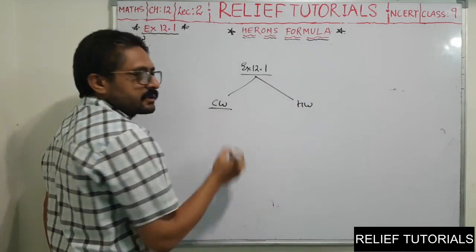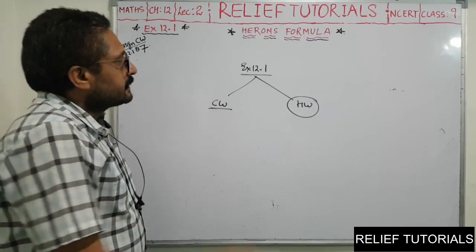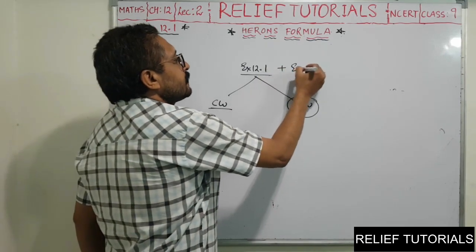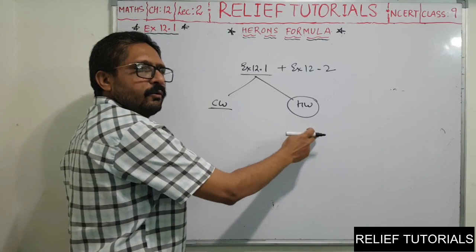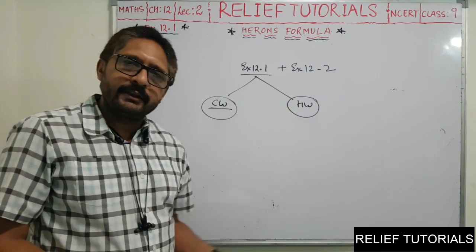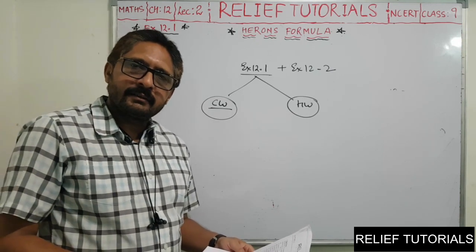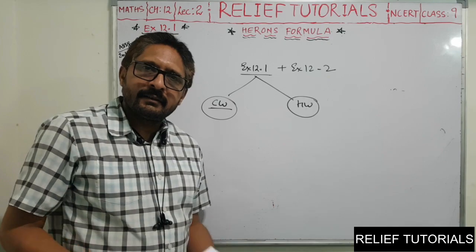We are doing this classwork. This homework you have to do as an assignment. Same thing with exercise 12.2 also: classwork, homework. So we will do classwork here in our class and the remaining you have to do in your homework. Okay? So best of luck. Carry on with this assignment. Good day.